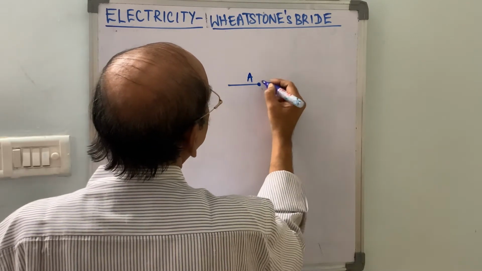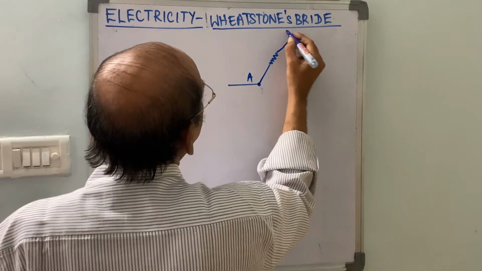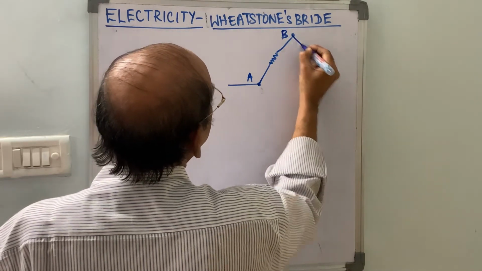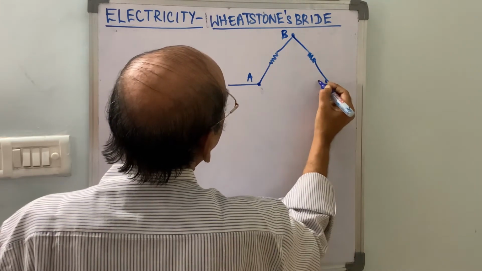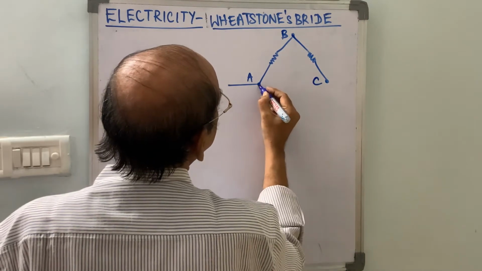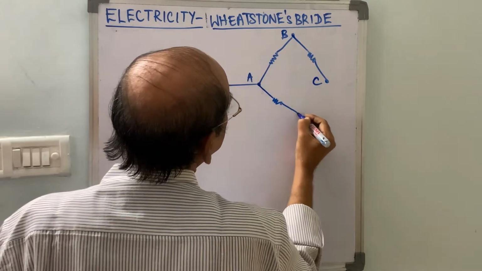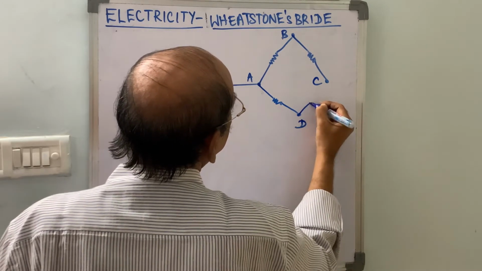Let this be junction A, this B, this C, and this D.